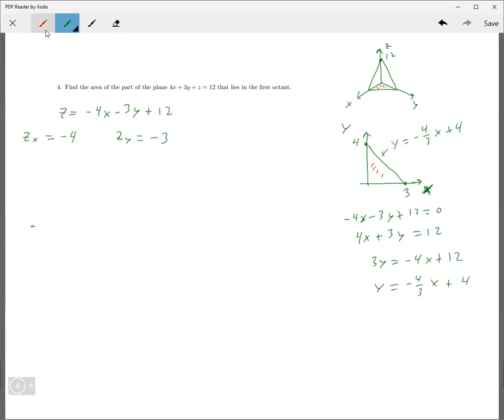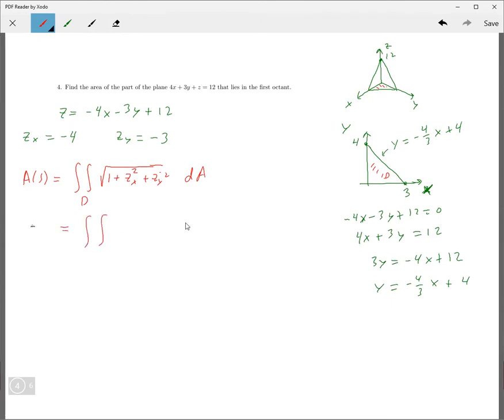Okay, so now we're ready to apply the formula. It's the integral, and we'll call that region D right here, of the square root of 1 plus zx squared plus zy squared times dA.